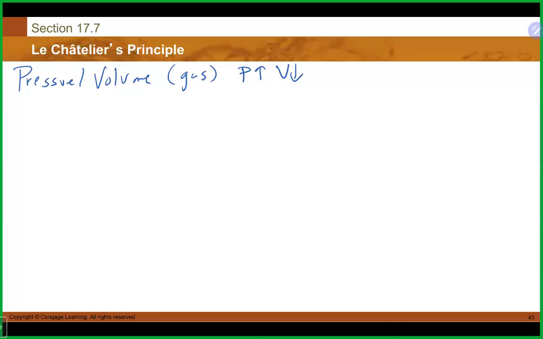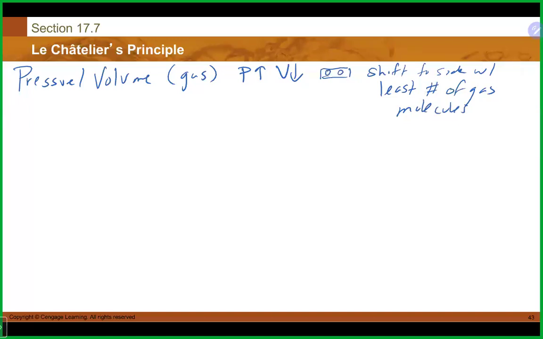And that's the relationship that occurs here. If I increase the pressure, the volume is going to go down. And because I now have gas molecules in a smaller volume, I don't want the pressure to go way up. I need to actually shift to the side with the least number of gas molecules.